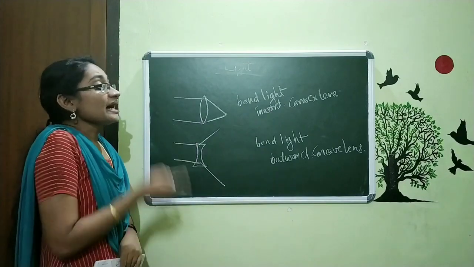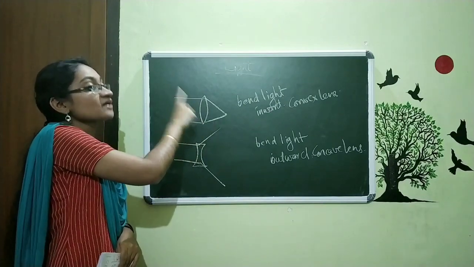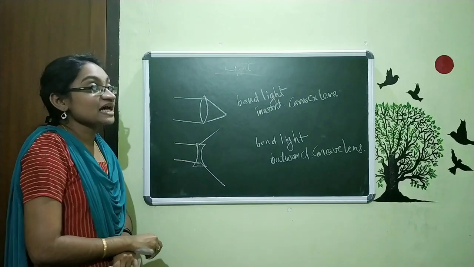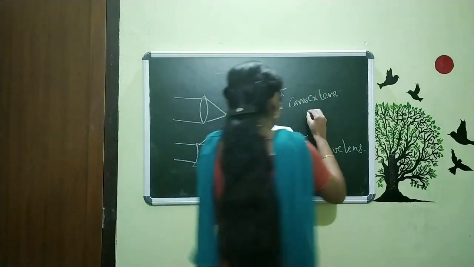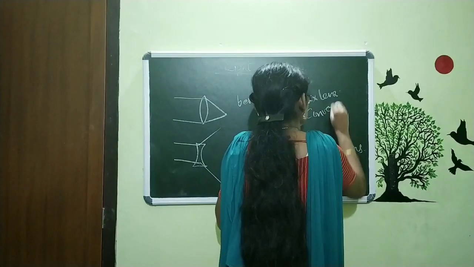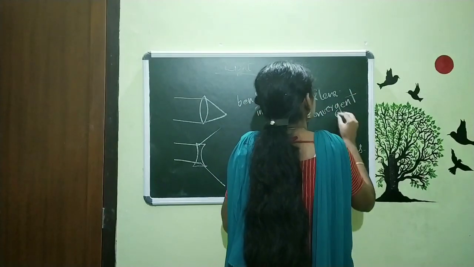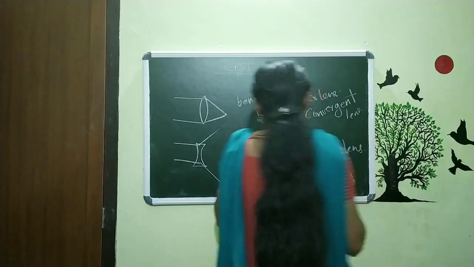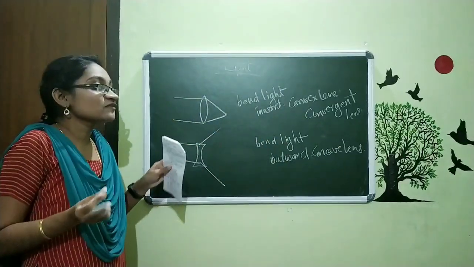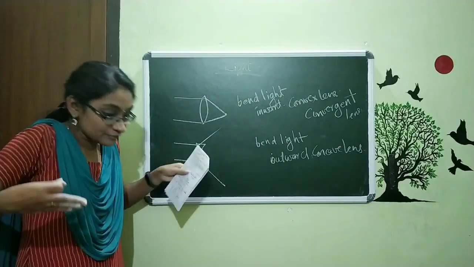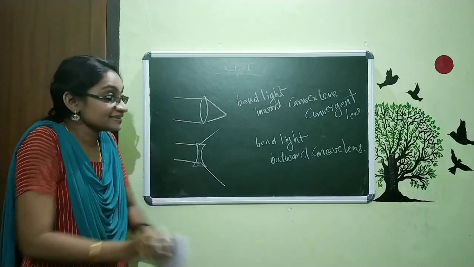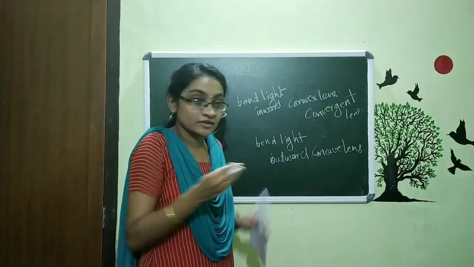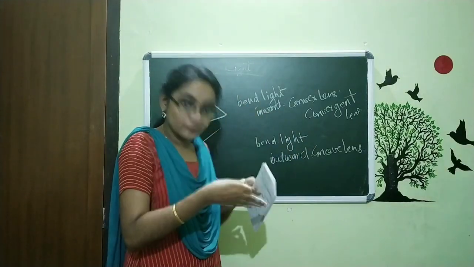And so I am calling this convex lens a name. This is convergent lens. Actually, this convergent means we can focus the light in a particular point, coming all the lines to a particular point. That is the meaning of the term convergent, all coming to a particular point.